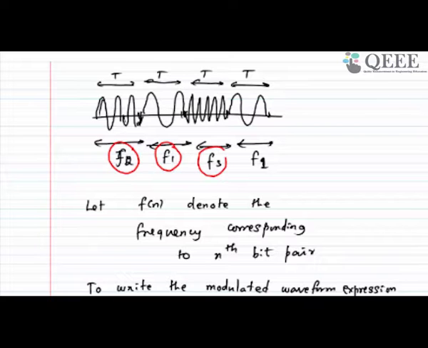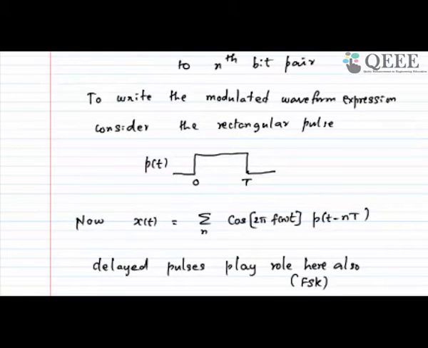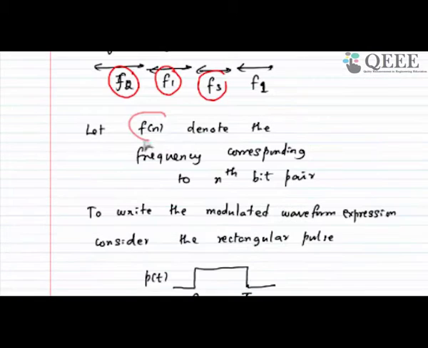Now let us write the mathematical expression for this. Okay, let us say f of n is the frequency which gets mapped to the nth bit pair. So f of 1 is basically, you take the first 2 bits and see what is the frequency associated with those 2 bits, and that is f of 1. f of 2 is basically you take the next 2 bits and see what is the frequency associated with it.